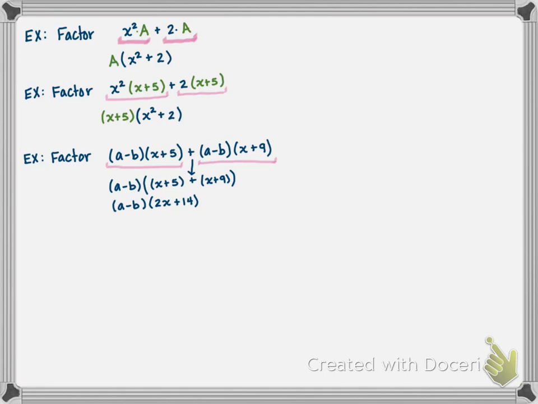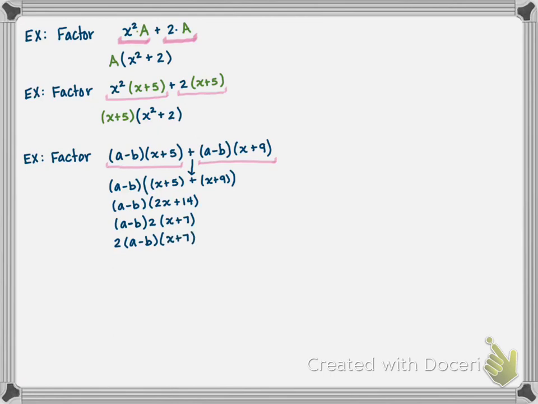I didn't mean for this to happen, but it's kind of exciting that it did, because notice that within that second factor, I have a common factor of 2. You guys see it? So I can write this as 2 times (x plus 7). And so our final answer would be 2 times (a minus b) times (x plus 7).